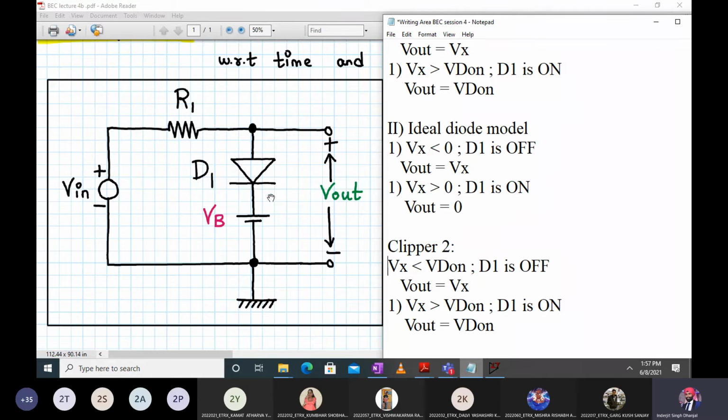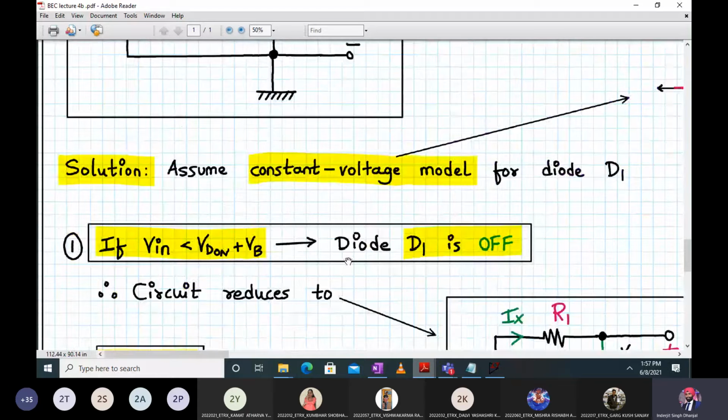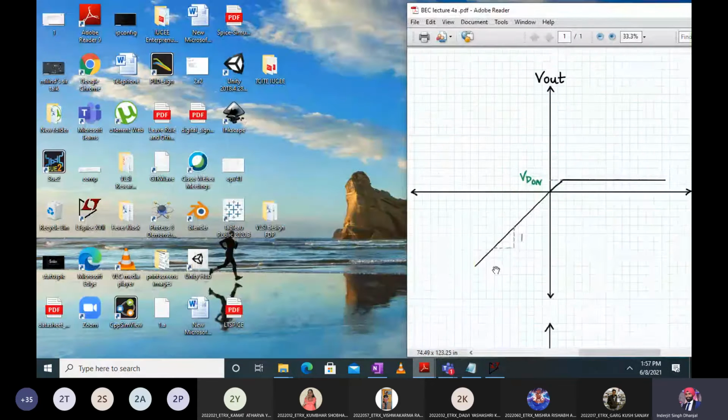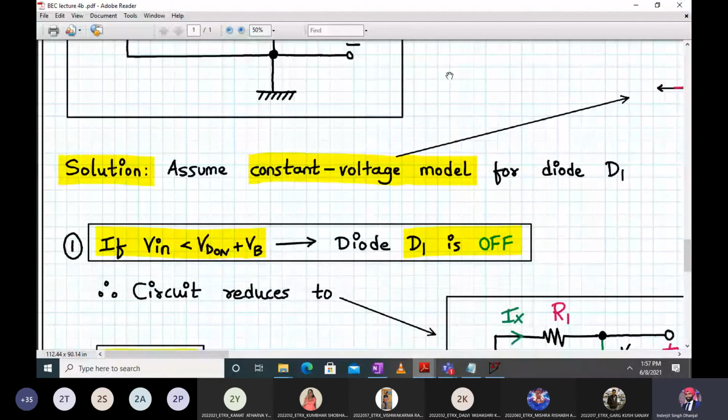So that means VD on plus VB voltage we have to apply. If VB voltage is 1 volt and the turn on voltage is let's say 0.7 volts, so Vin has to be greater than 1.7 to turn on. Are you all following what I'm saying? Yes, sir. Okay, so that exactly means, let me go back to the circuit. Okay, over here.